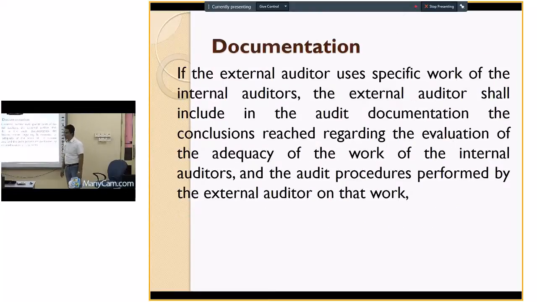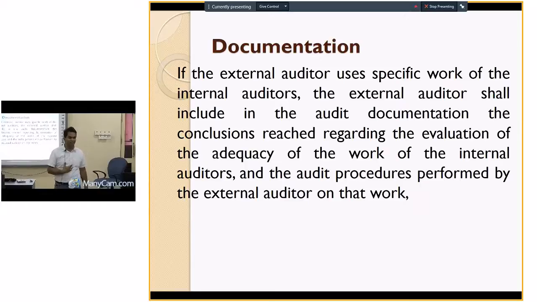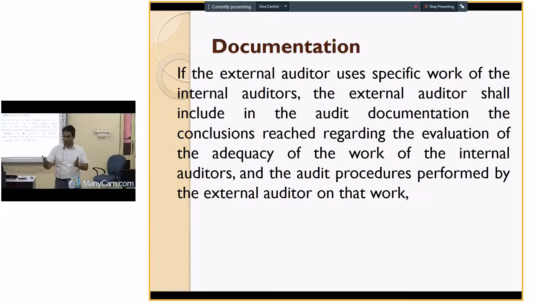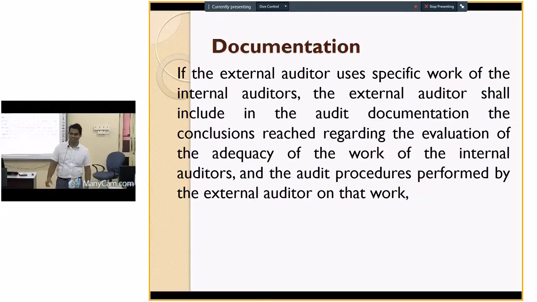You should have proper documentation on the internal auditor's work. Don't take those documents as they are; you can take them for your reference, and you can keep some sort of evidence on that. As external auditors, from my experience, just taking the internal auditors' documents as a photocopy and keeping it in our file is of no use.